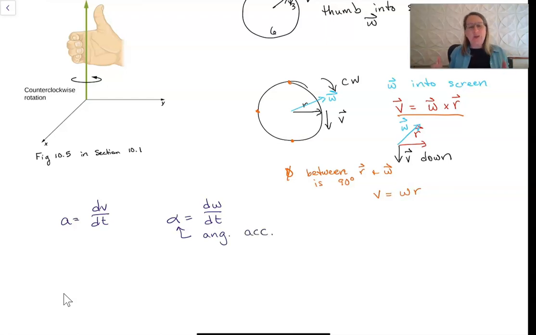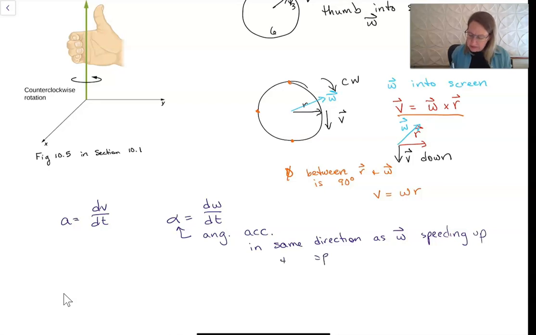And it works the same way. We say that it is in the same direction as omega when we're speeding up, and opposite when slowing down.